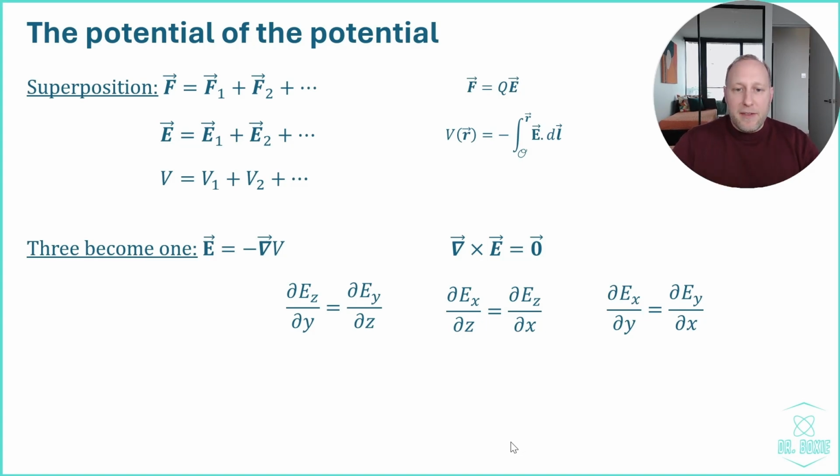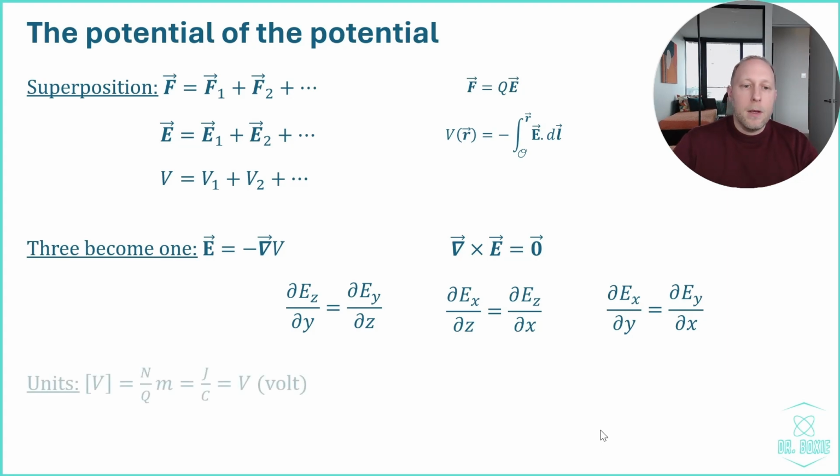And because of that, E can indeed be summarized, instead of as three separate functions Ex, Ey, Ez, in one single function, V. And so we only need one function, V, to be able to study the electric field. Once we know V, we take its gradient and we have the electric field.